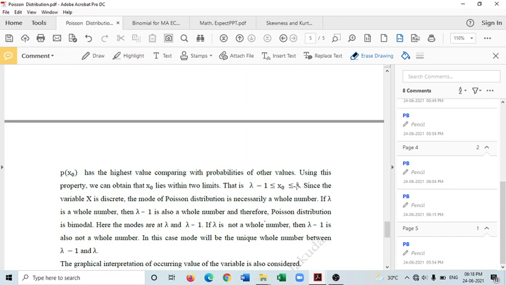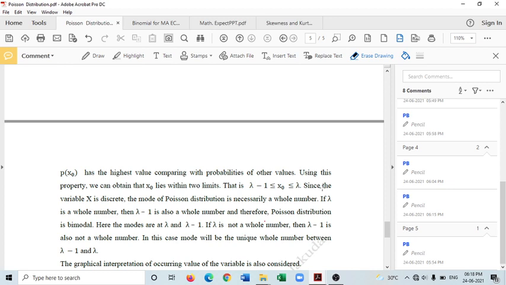If it's a non-whole number like 2.85 or 3.25, lambda 2.85 means lambda minus 1 is 1.85. If lambda is a non-whole number, lambda minus 1 also will be a non-whole number. Therefore, there is only one whole number in between those two limits, lambda minus 1 and lambda.